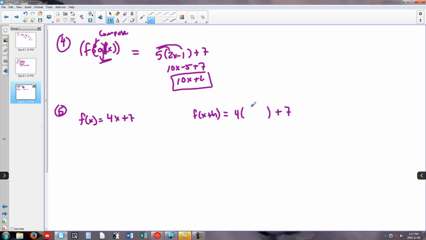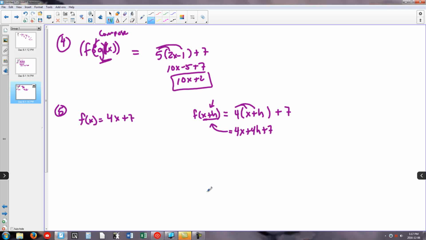But instead of using x on its own, I want to use x plus h in the parentheses. See, whatever goes in this parentheses is where it goes where the variable is in the equation. So this just needs to distribute to give me 4x plus 4h plus 7. This right here is f of x plus h.